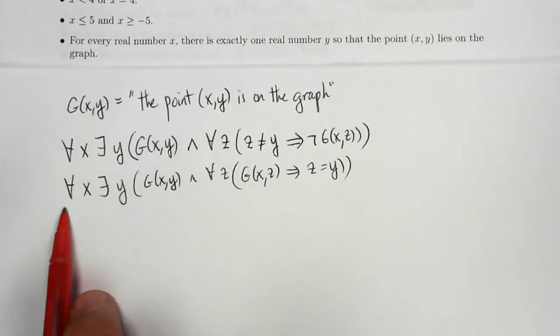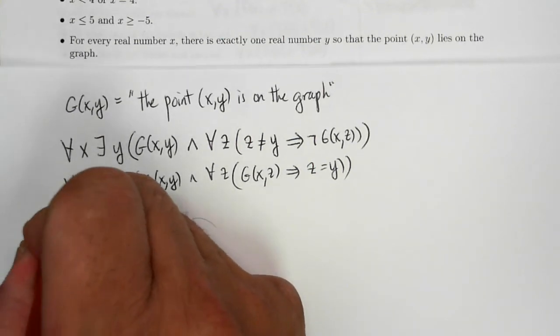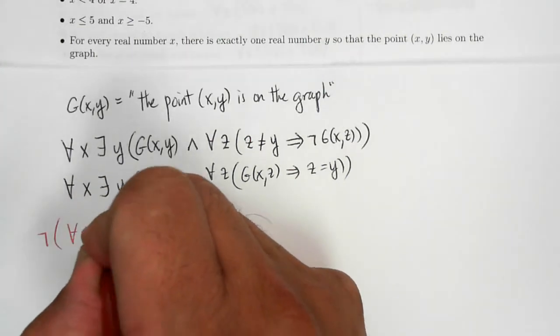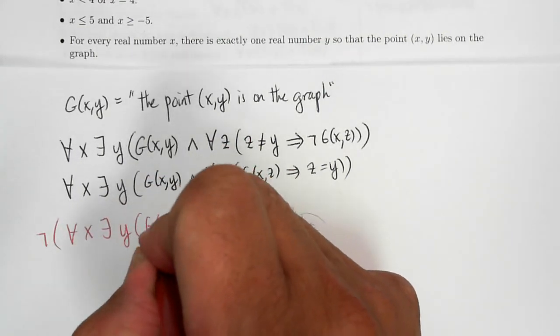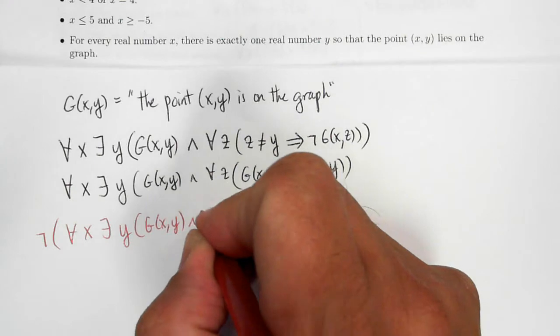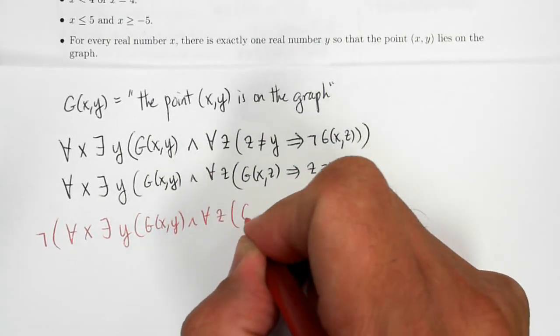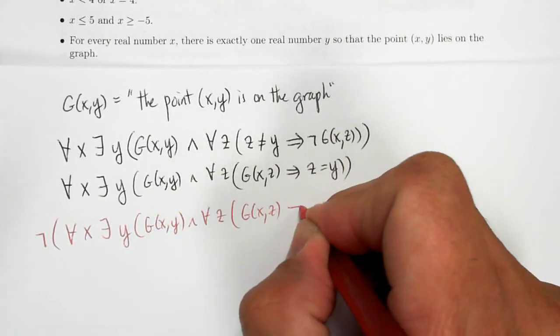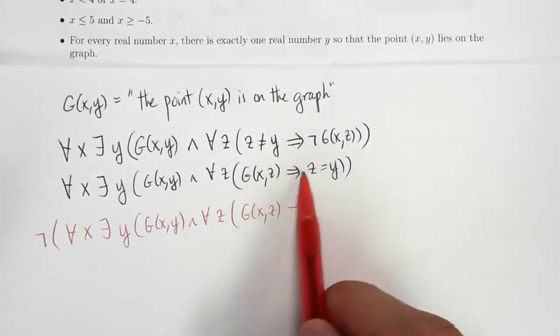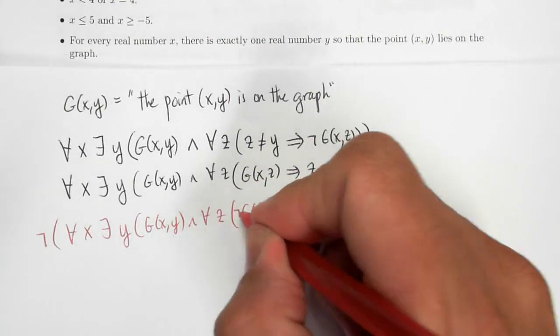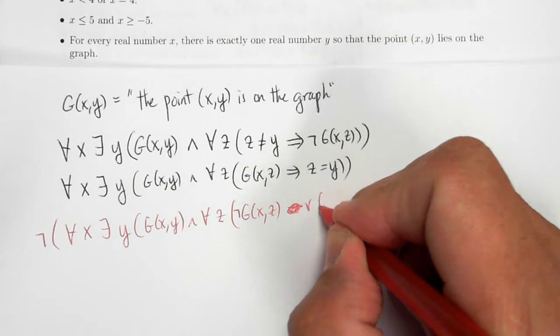To get the negation of this, I'm going to negate this statement. I'm going to recopy in red what I just wrote, and I'll use the contrapositive that I just wrote. Also, let me change the contrapositive to the not P or Q form.